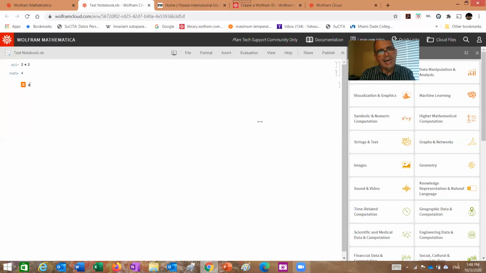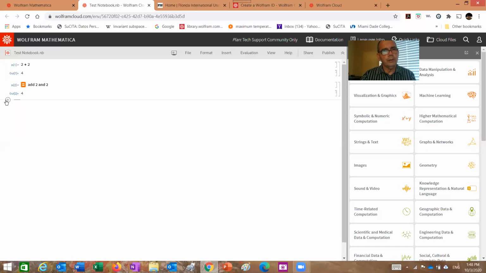Let's say, for example, add 2 and 2. Let's see what happens when you enter that. Now you press Shift Enter, and then you get the same result as before. You enter your query in a regular language, and you get the same result that we got before.